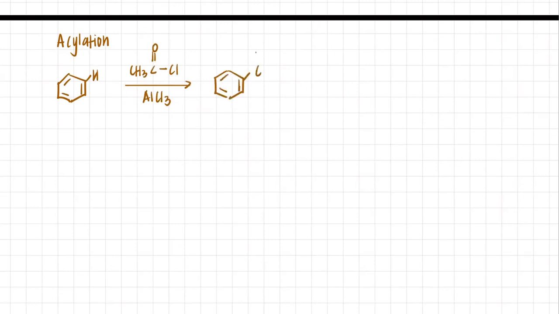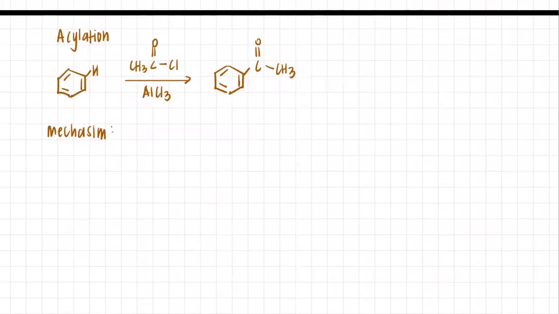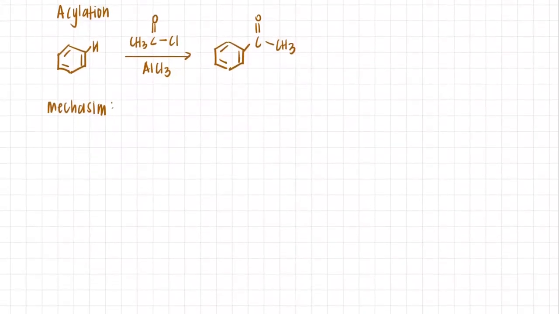So this one will form a ketone, something like this. The mechanism is very easy. Same as alkylation, the method is the same, it just differs in terms of the electrophile you form.